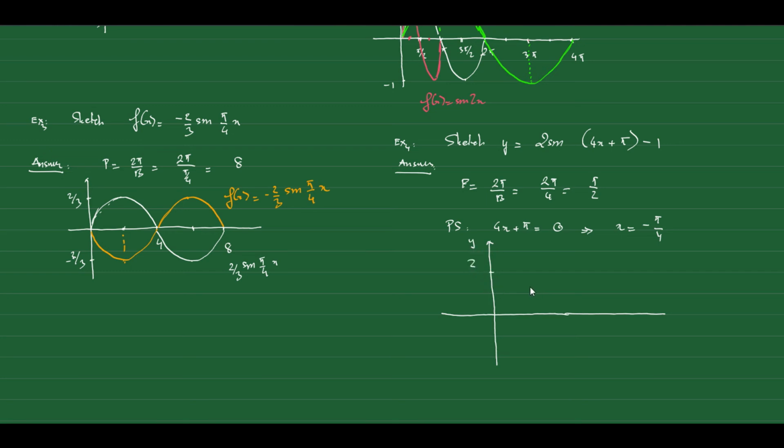So there's 2 right here, and this is -2. Period is pi over 2, so I just mark everywhere. This is pi over 2, so half of that will be pi over 4, and half of that will be pi over 8. And you can calculate pi over 4 plus pi over 8, which is 3 pi over 8.